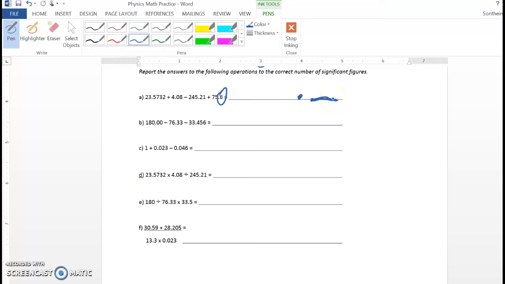So if you pull out your calculator, because it's a lot of crazy numbers, that's fine, you would add 23.5732 plus 4.08 minus 245.21 plus 75.6. The result is 141.95.